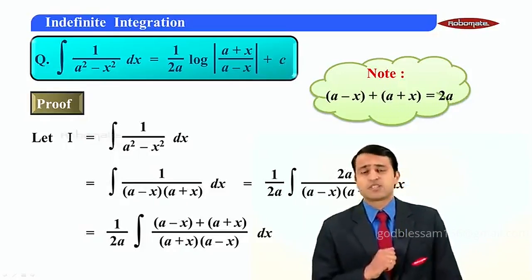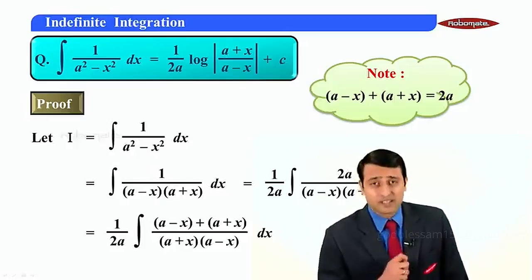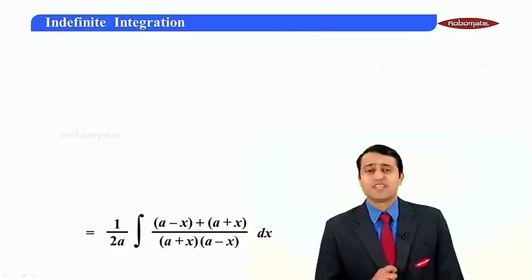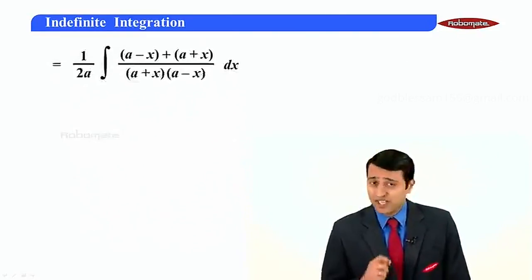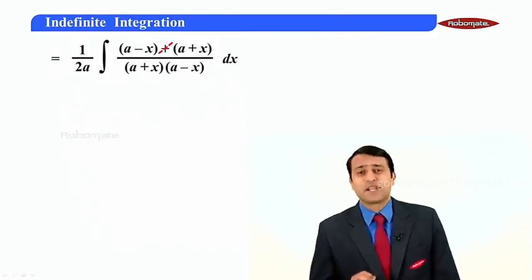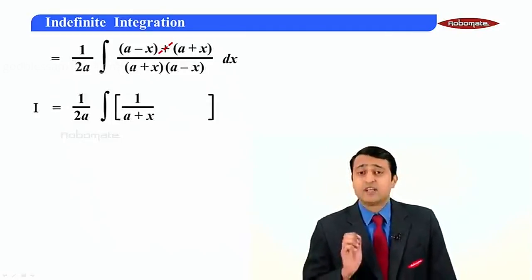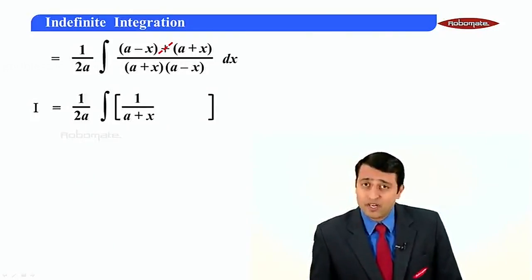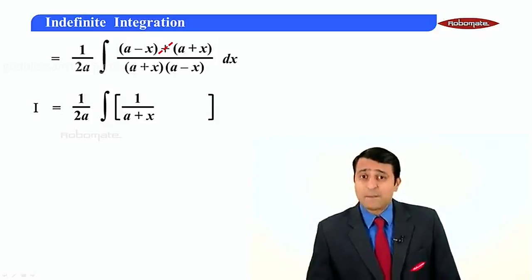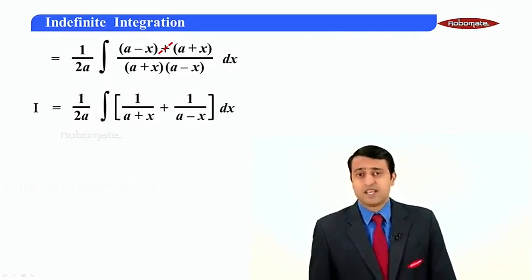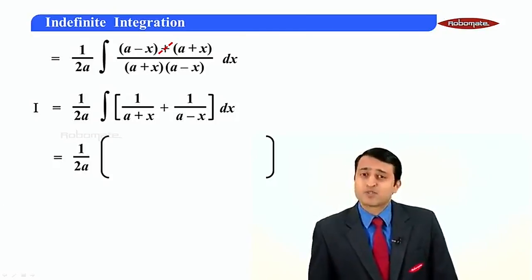Now the denominator is a product, or I can say it is a single term. So the next step is also obvious, separate the numerator. 1 by 2a outside, and we have integral 1 upon a plus x plus integral 1 upon a minus x dx. Now let us write them as two separate integrals.